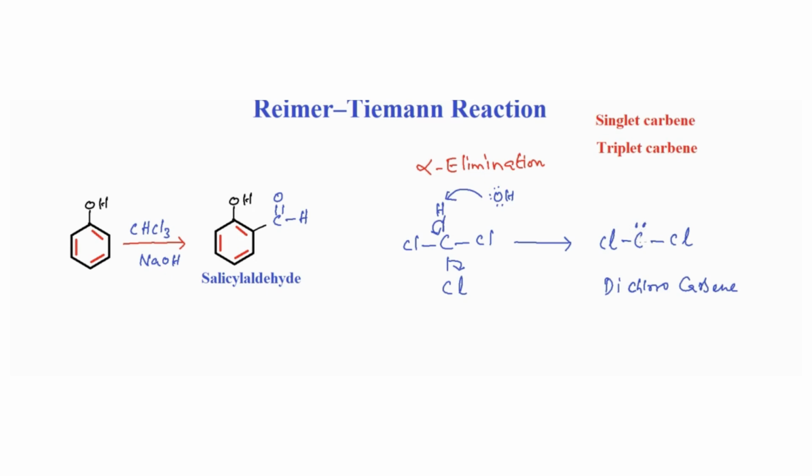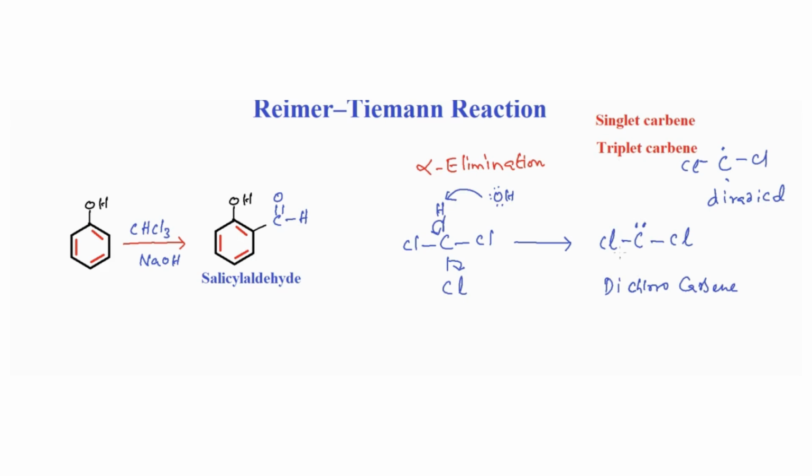So that's why this is called a singlet carbene. A triplet carbene means the electrons should be unpaired, like this. This unpaired carbene can behave as a radical. Here it can behave as a diradical. Clear?